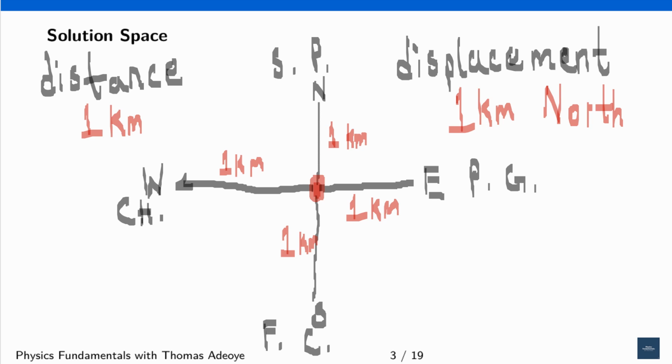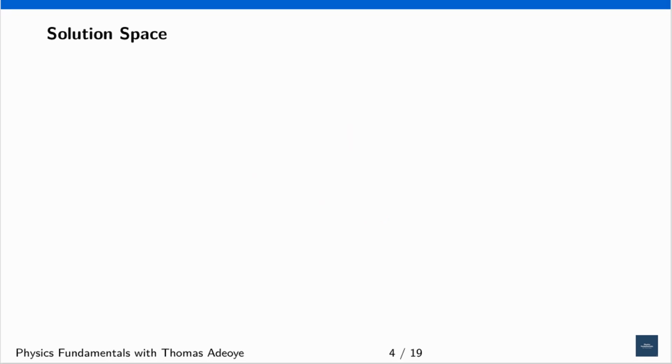Moving on, another difference between a vector and a scalar quantity is in how we add them, how we sum them up together.